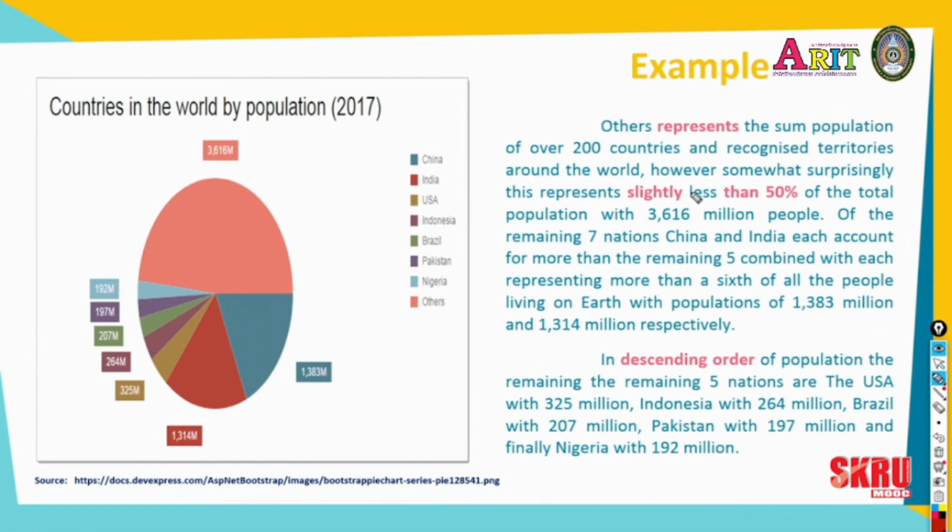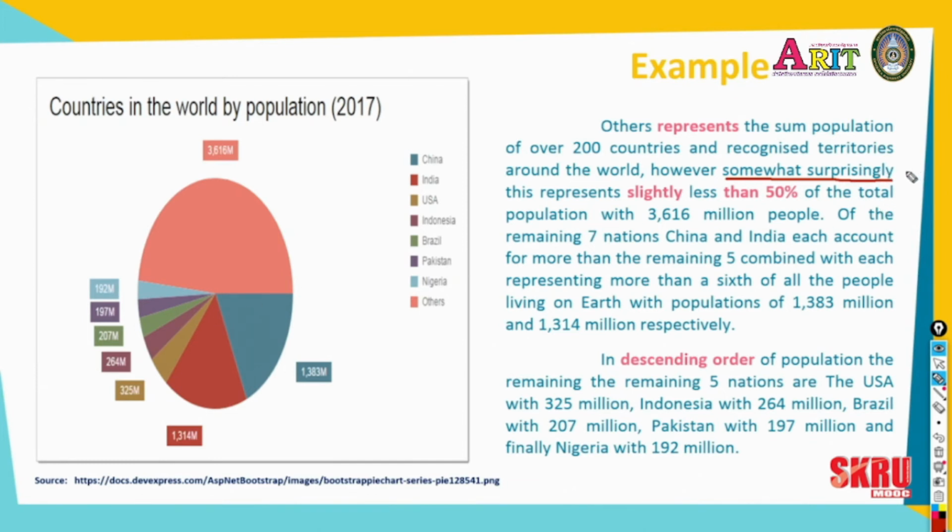This phrase I use here, somewhat surprisingly. It was a surprise to me that the proportions of the world are quite so large. Just 7 countries is more than half the entire population. I thought it would have been slightly the other way, but I was wrong.